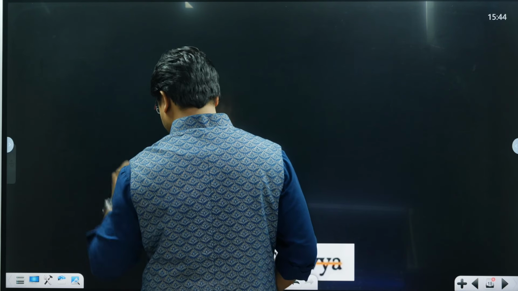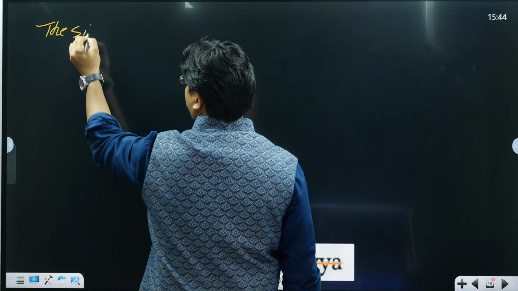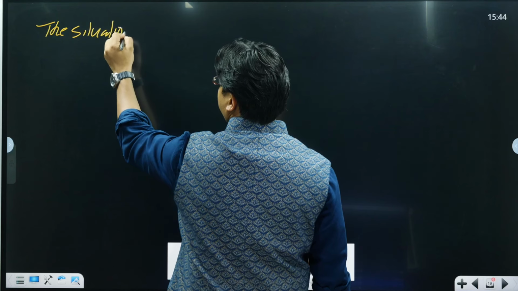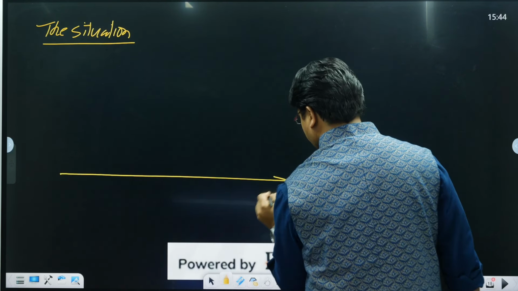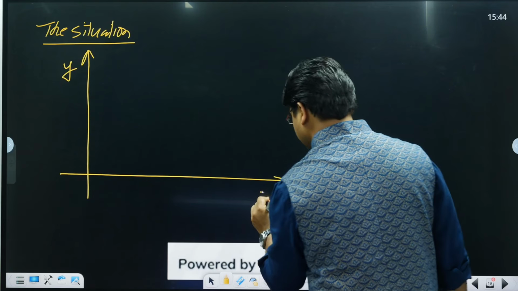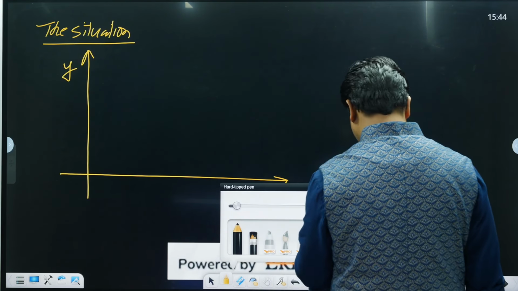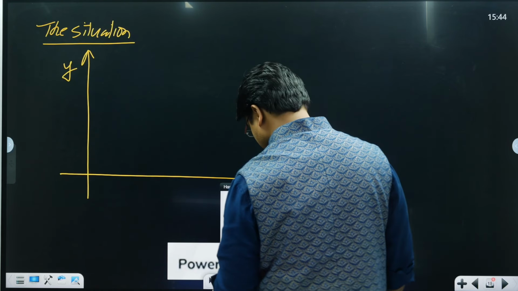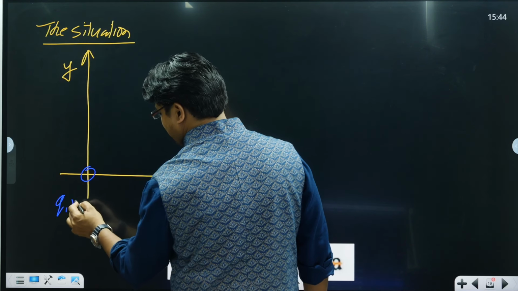So what is the situation? Keep paying attention, everyone. We have a coordinate axis. Let's say this is the y-axis, and this is the x-axis. Now suppose we projected a particle of charge q and mass m.